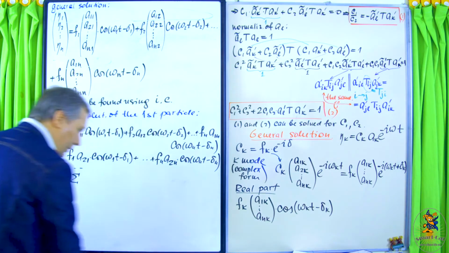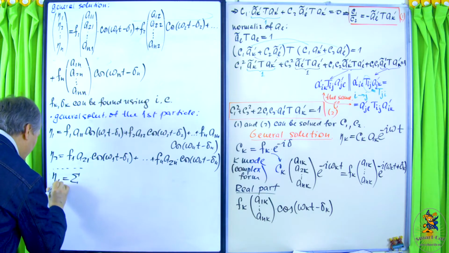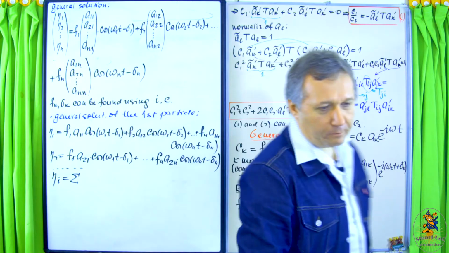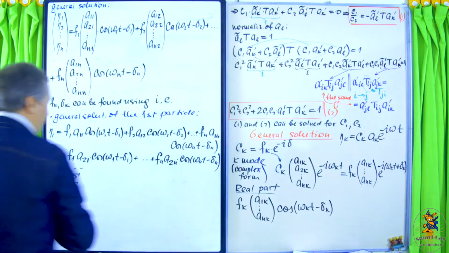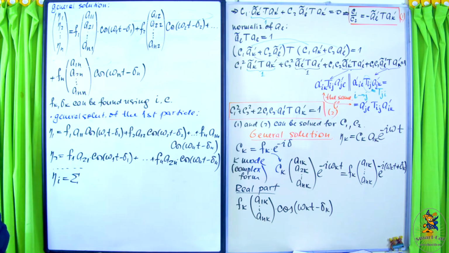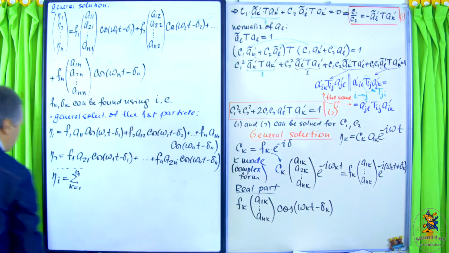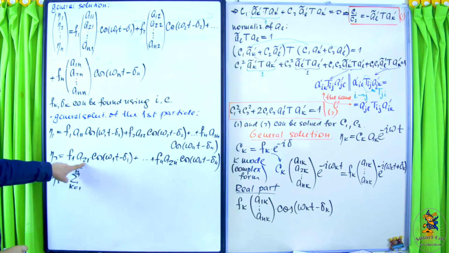Okay, let me use i also, because I started thinking I used k in a different place. It's not a big deal. Eta i, mode number i. Summation over k from 1 to n, where this i is over here.